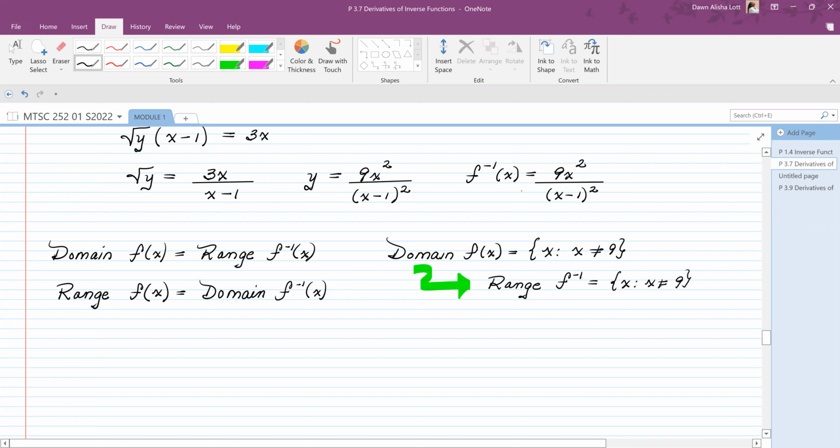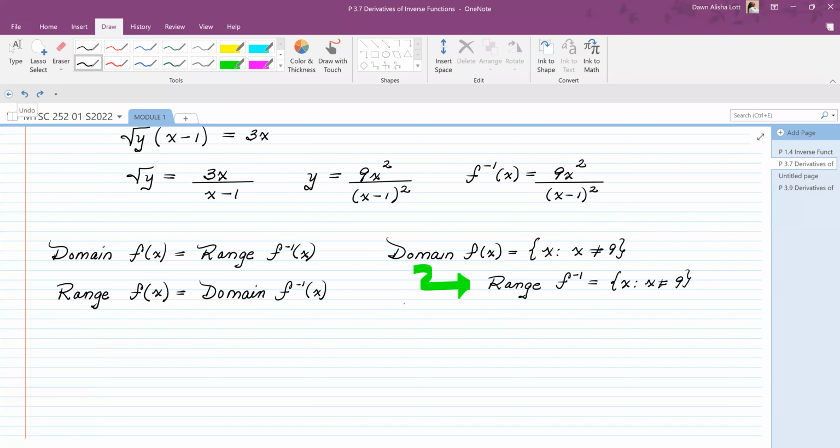And then if I look at f inverse, what number can I not put in f inverse? Here's f inverse. What can I not put in f inverse? With the x minus 1 squared, I can't put in 1. Excellent.